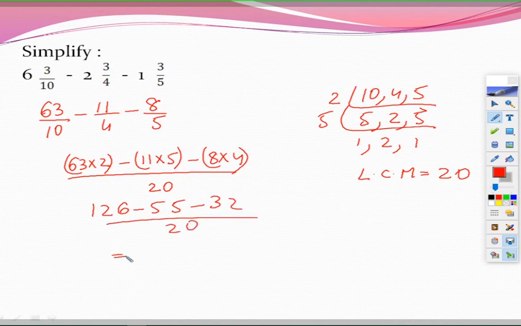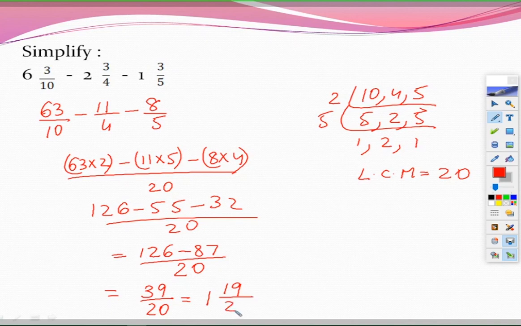This is equal to 126 minus, simplify, you remember, the plus sign will be added, the minus sign will be added, and then you have to subtract. Just add up the minus signs, it is 87 by 20. Now subtract, we get 39 by 20. You have to change it into a mixed fraction, that is 1 19 by 20.